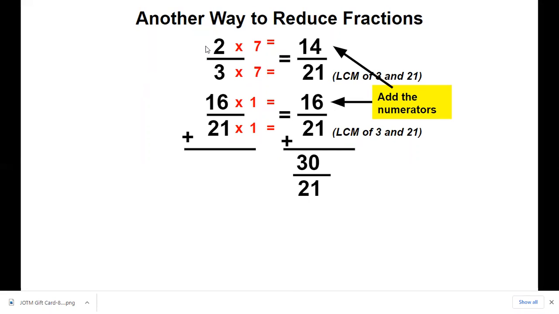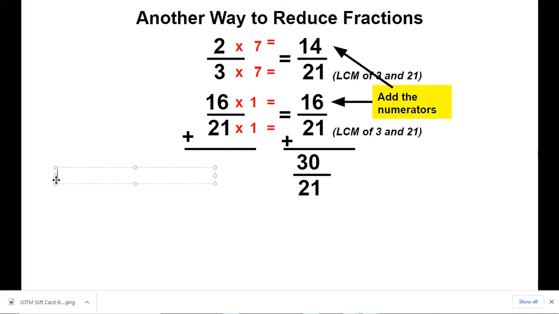So I have to find the greatest common factor of 30 and 21. So let's count all the numbers that multiply together to give me 30. 1 times 30, 2 times 15, 3 times 10. 4 doesn't work, 5 works, 5 times 6.